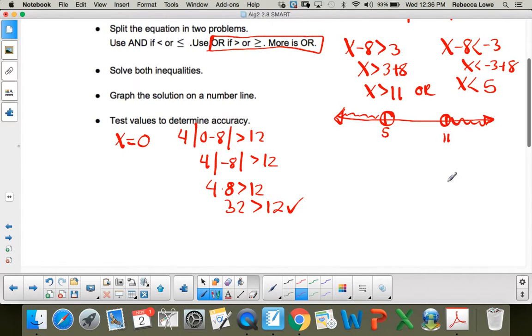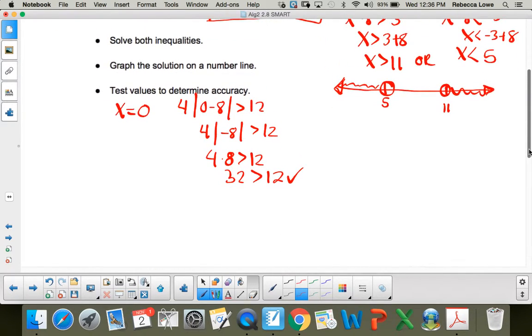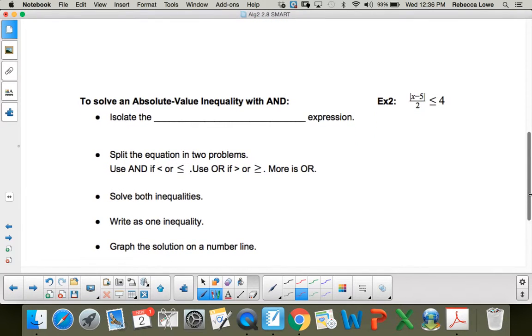So that one's right. And then we could pick one on this side as well and show that it's also a solution. So the key here is splitting the problem. Write it the way you see it with the absolute value sign, and then write the left side the way you see it, flip the inequality sign, and negate the number, because we know absolute value can be positive or negative.